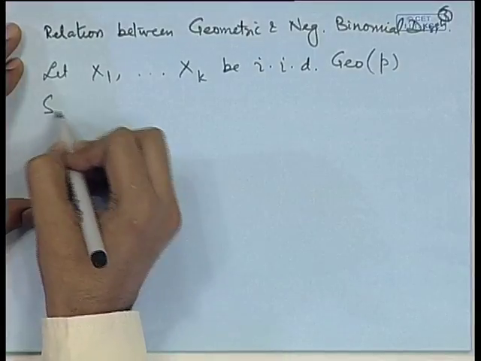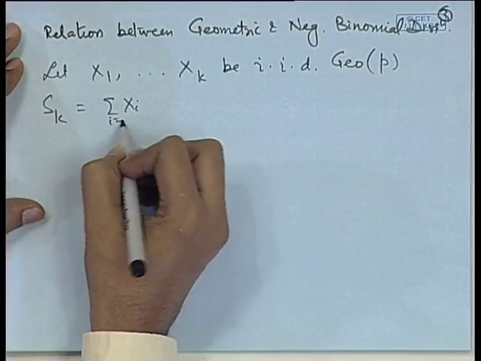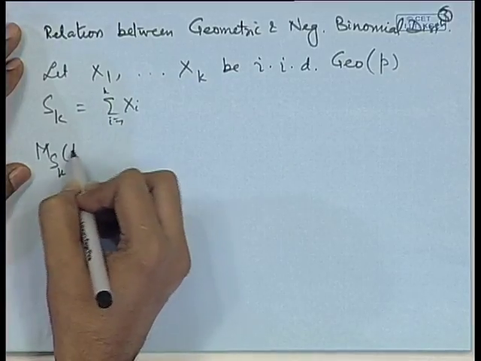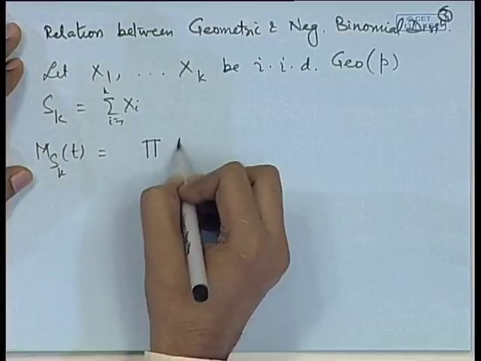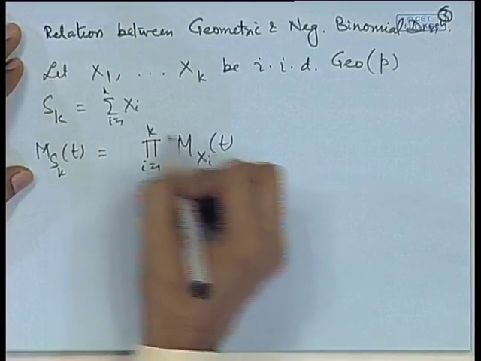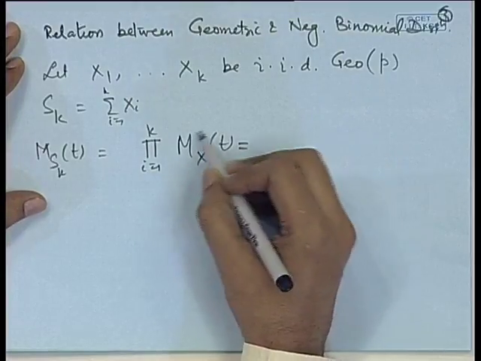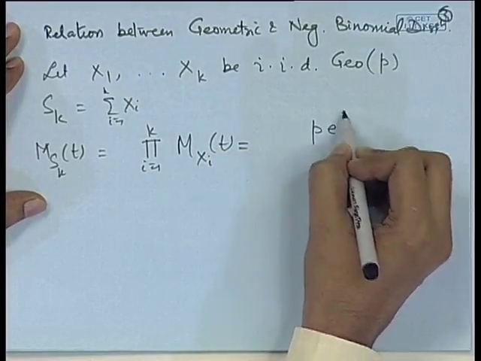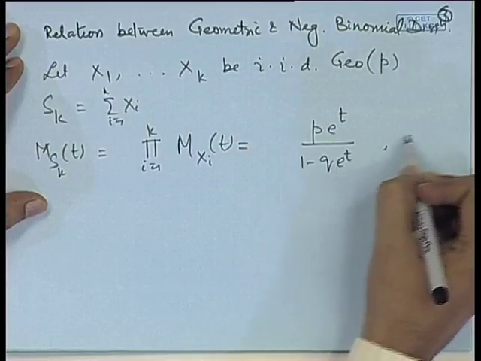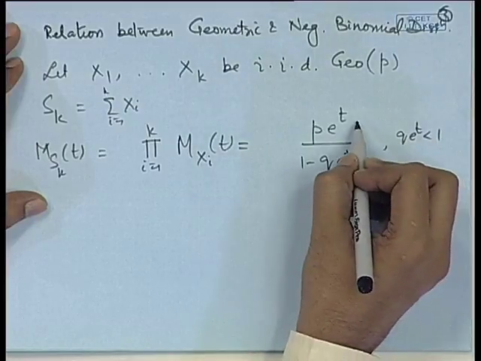We are considering Sk, that is sigma Xi. Now, looking at the MGF of Sk, the MGF of a geometric random variable is p e to the power t divided by 1 minus q e to the power t, where q e to the power t is less than 1.